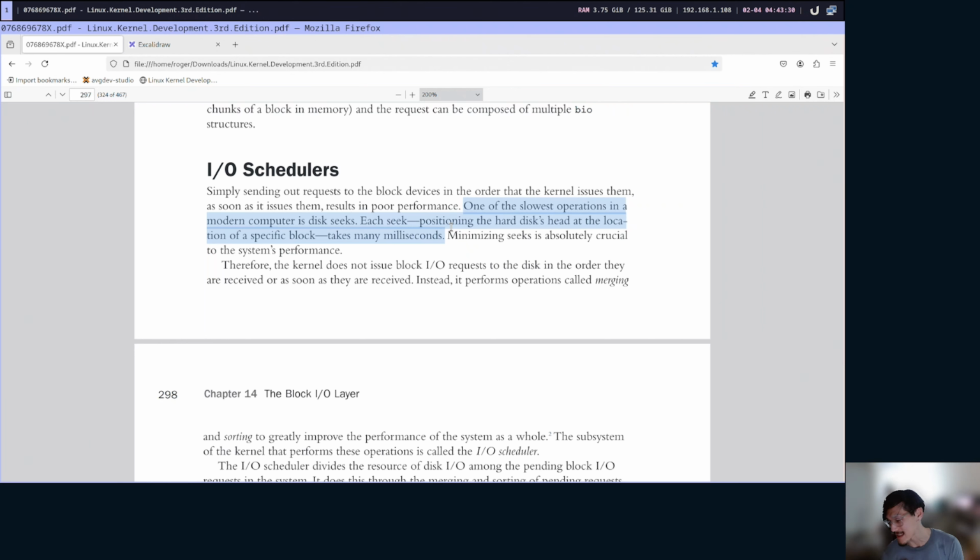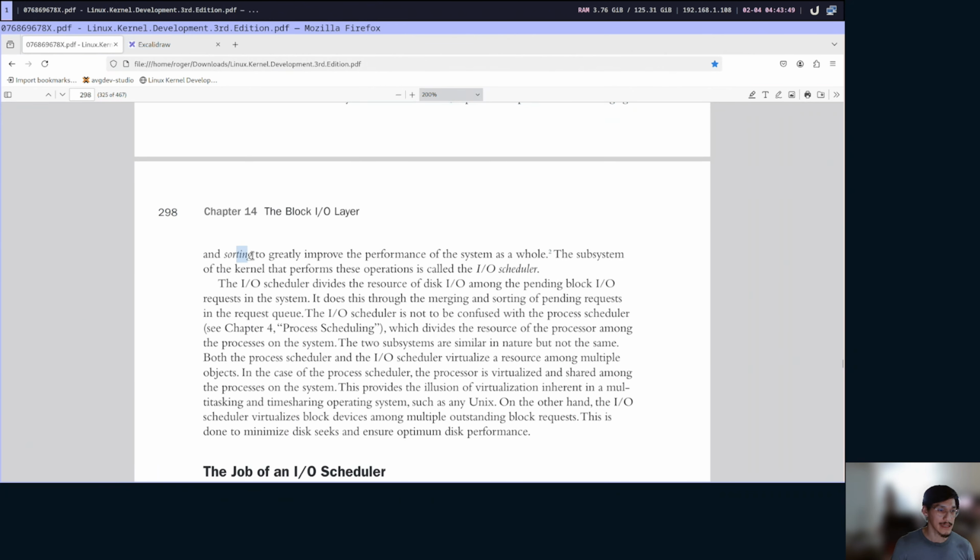Yeah, nowadays we have SSDs, so we take that for granted. Minimizing seeks is absolutely crucial to the system's performance. Therefore, the kernel does not issue block I/O requests to the disk in the order they are received or as soon as they are received. Instead, it performs operations called merging and sorting to greatly improve the performance of the system as a whole.